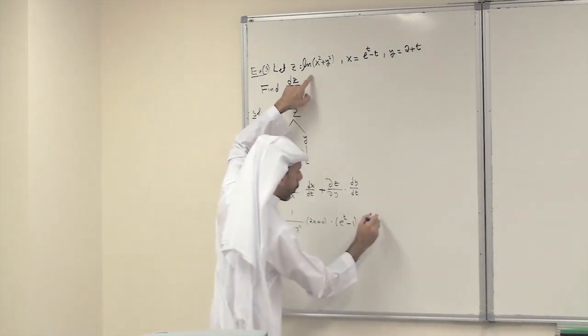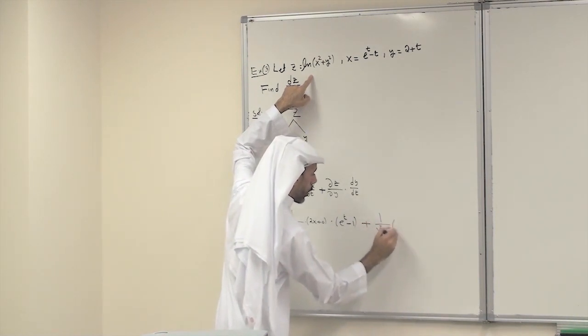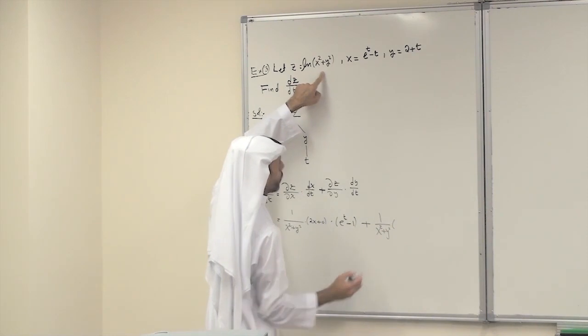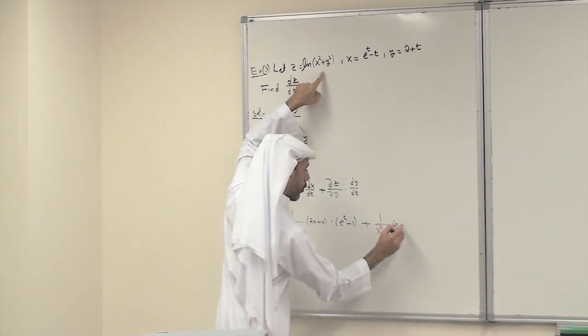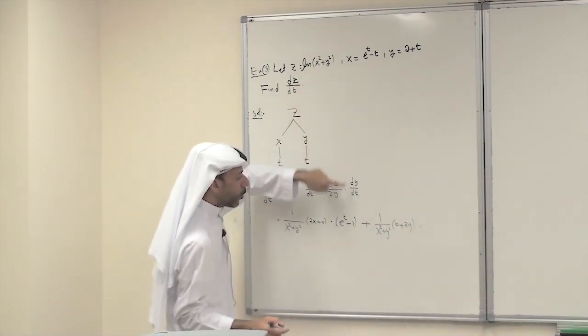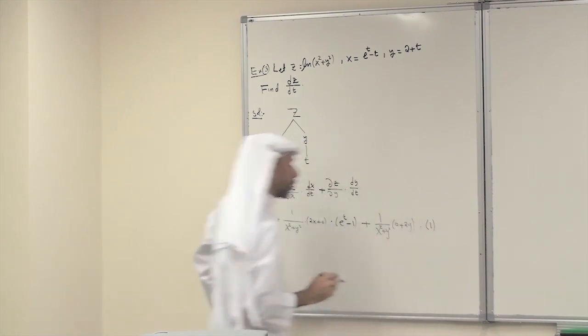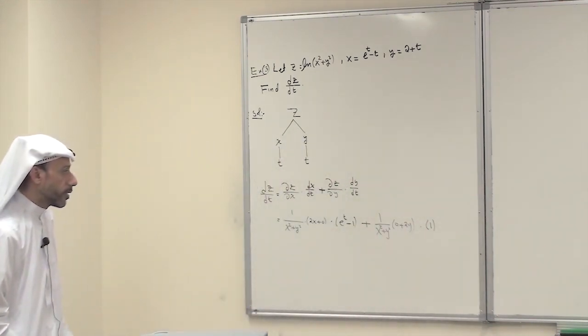Again, this is 1 over (x squared plus y squared) times, when you differentiate with respect to y, 0 plus 2y, times dy/dt. dy/dt is just 1. So this is the formula.